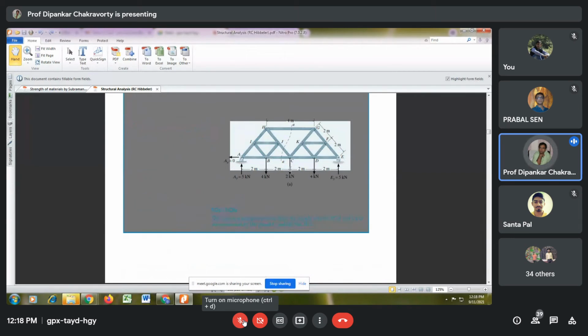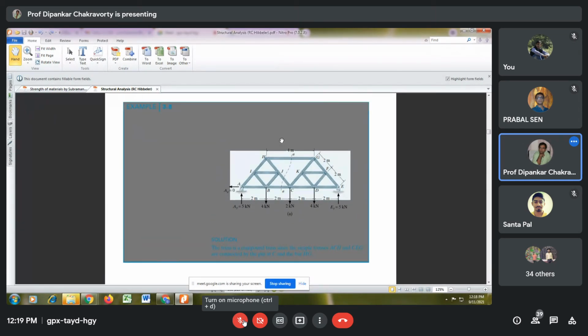In compound trusses, actually simple trusses are inserted within another truss. That is actually a compound truss. See, this triangle can be a truss that has been inscribed within this triangle. So a compound truss is nothing but it is made up of a number of simple trusses.